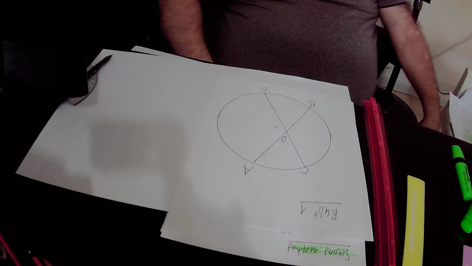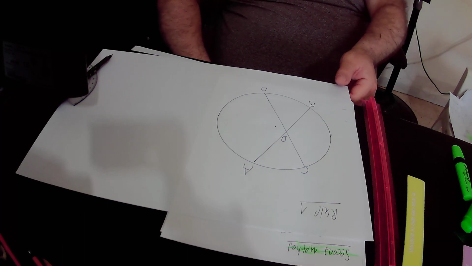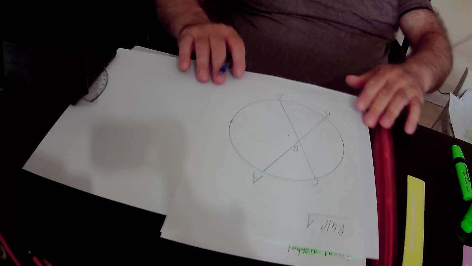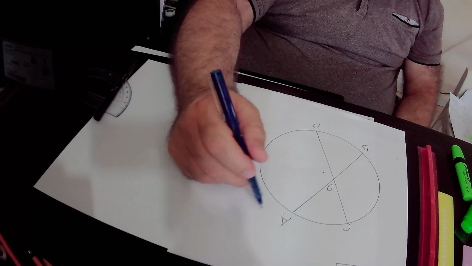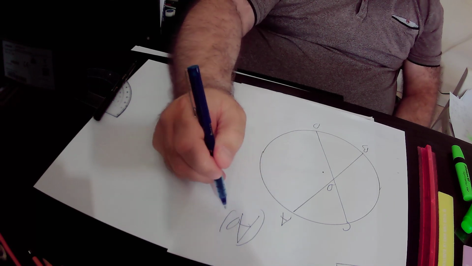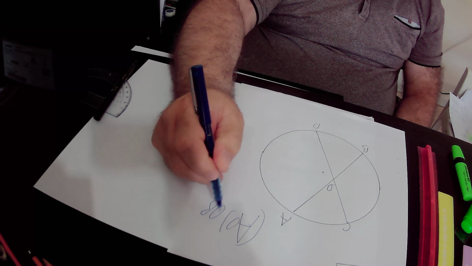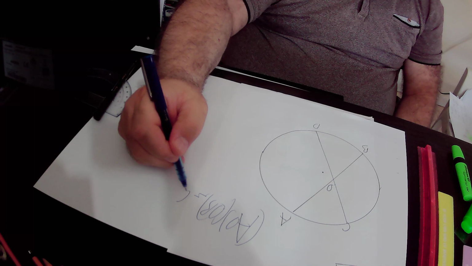So if this is the data that has been given to us, then the following equation is true. It's AO times OB equals CO times OD.